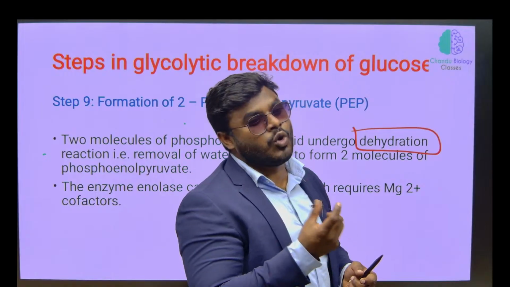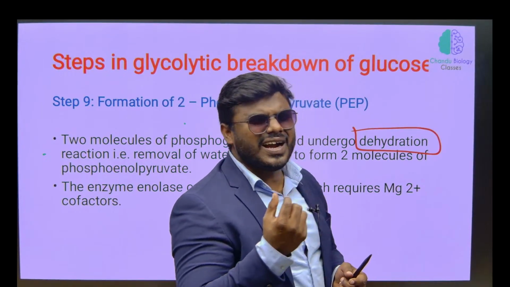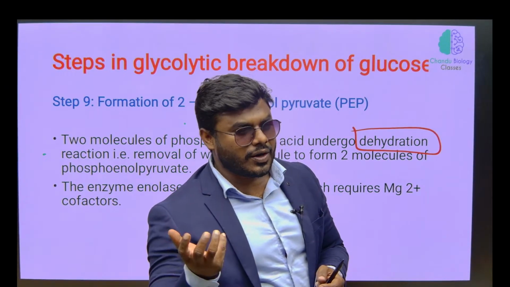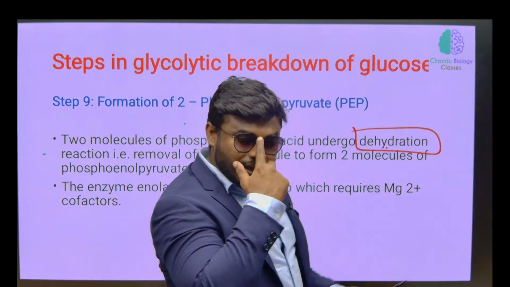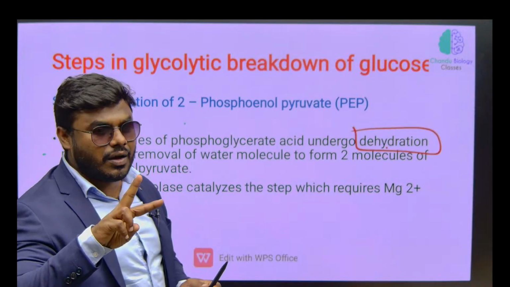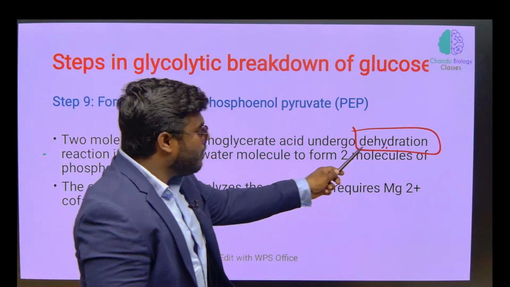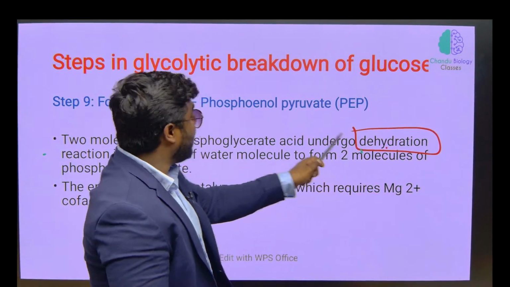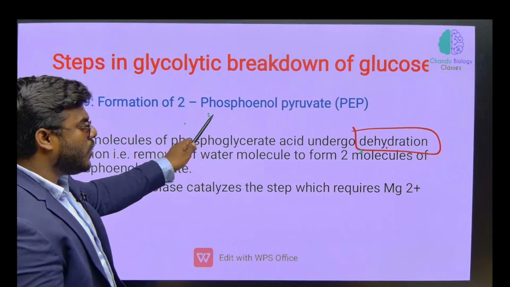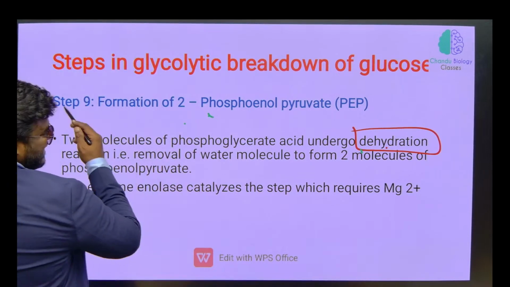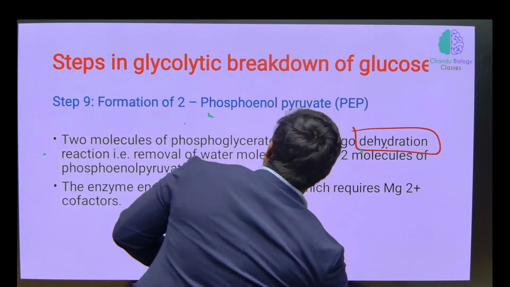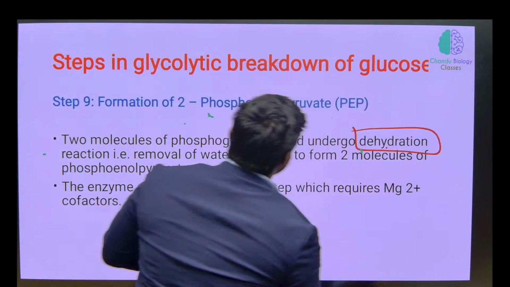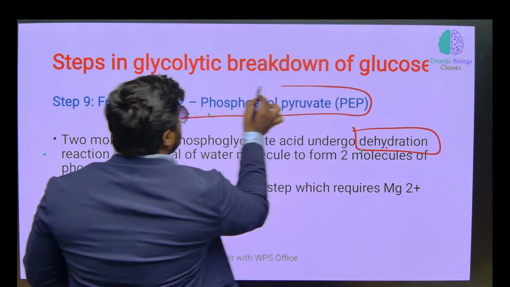Dehydration means loss of water. There is a difference between removal and loss. Because of the dehydration, 2-phosphoglycerate is converted into 2-phosphoenol pyruvate.